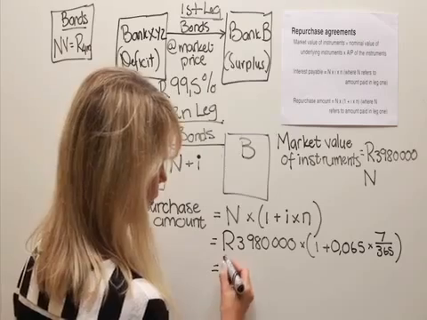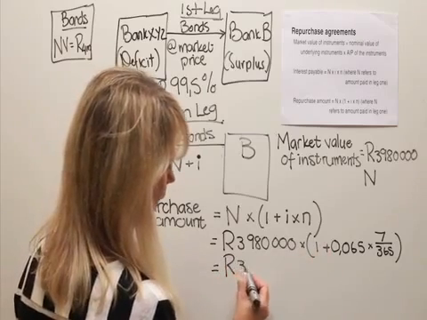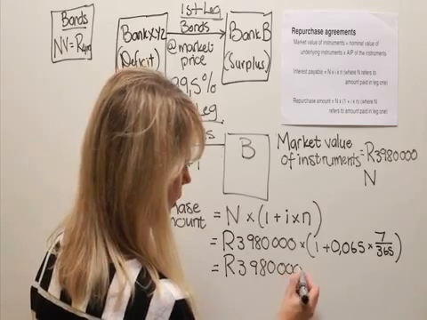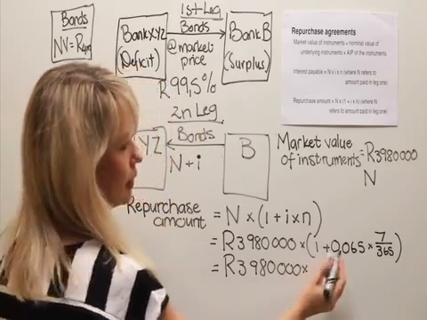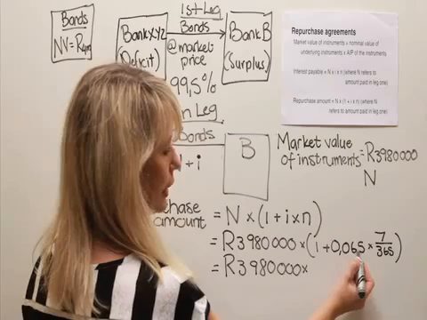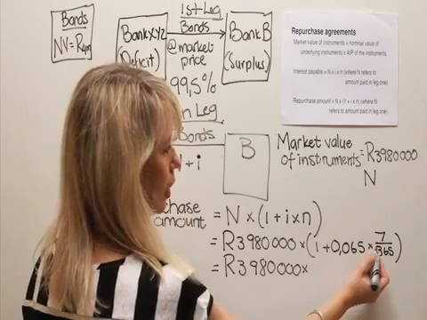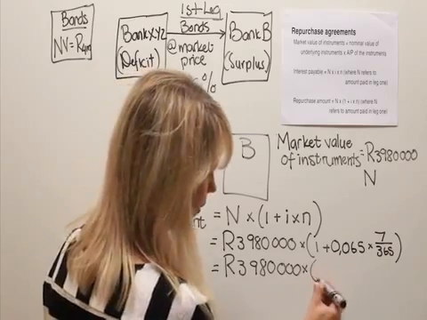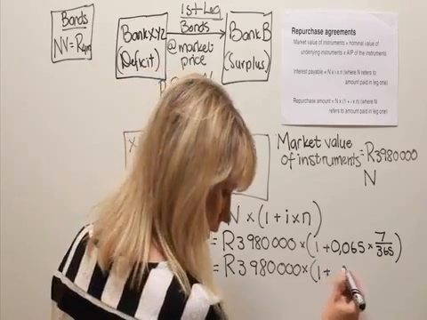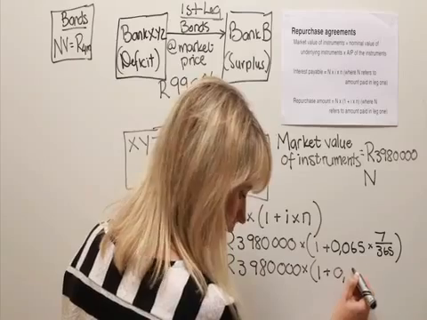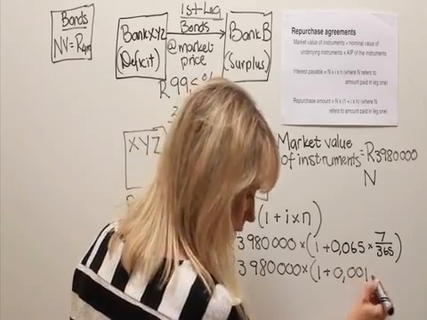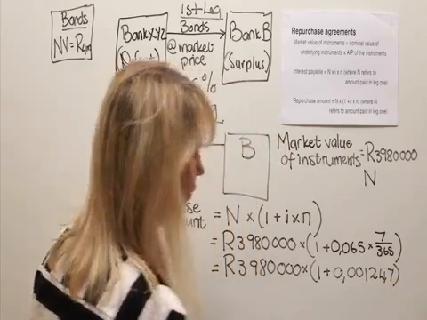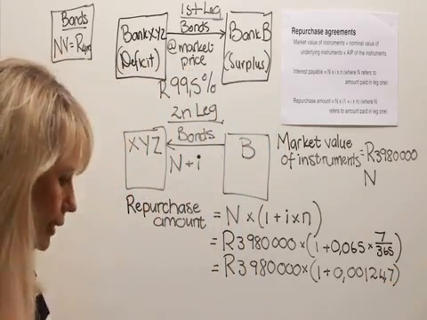So first do the calculation between brackets. So it is 0.065 times 7 divided by 365, and that will give you 0.001247 if you do that using your calculator.